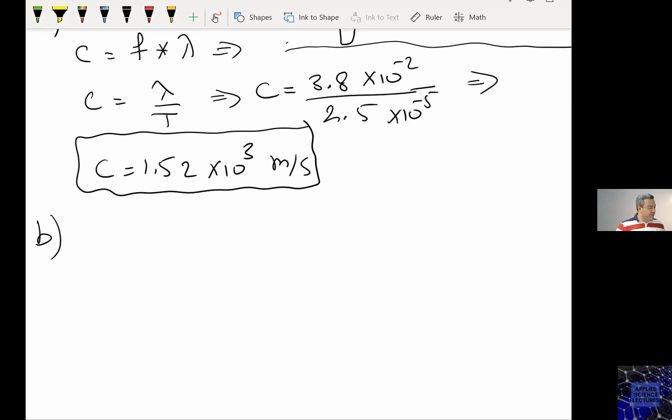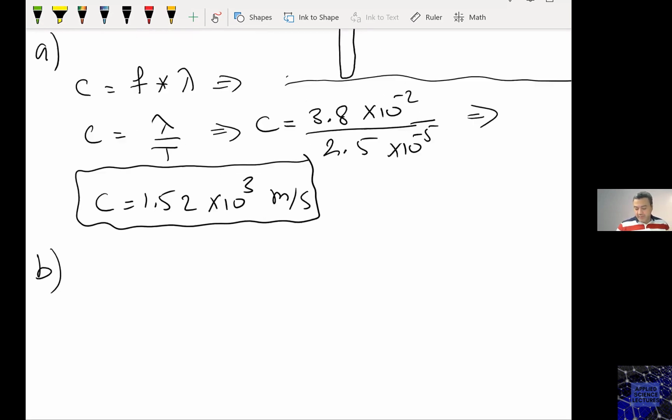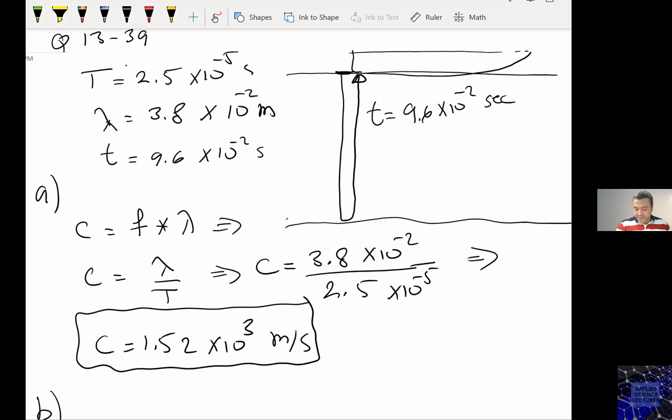B, we need to calculate the distance between the boat and the bottom of the lake. Now, this time is the time the pulse takes from point 1 going to point 2 and then coming back to point 1.